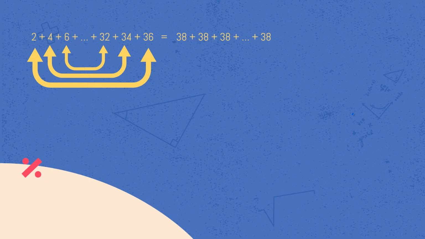There are 18 even positive consecutive integers from 2 to 36, and 18 divided by 2 is 9. We're dividing by 2 since we paired these values. And so there's 9 38s. 9 times 38 is 342, and that is the answer to our sum.